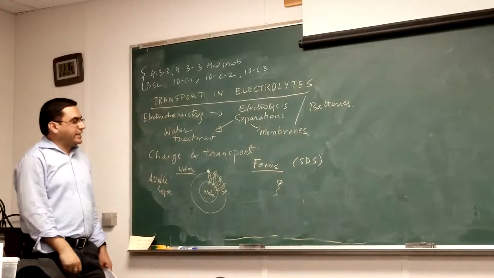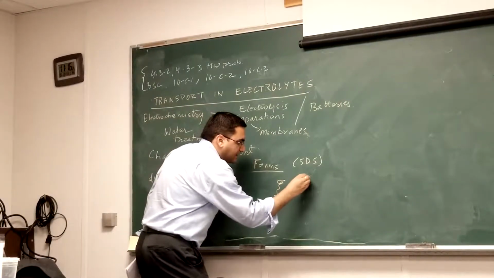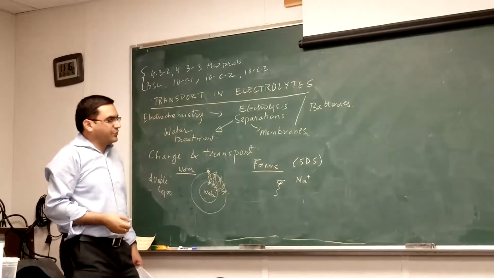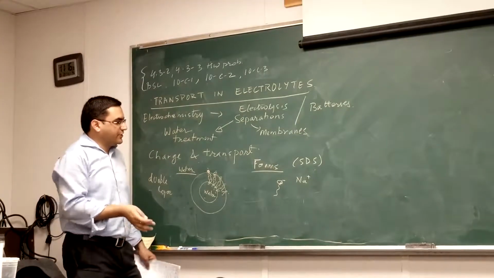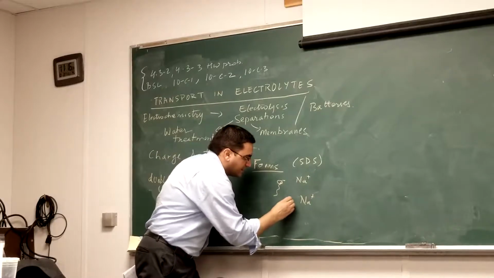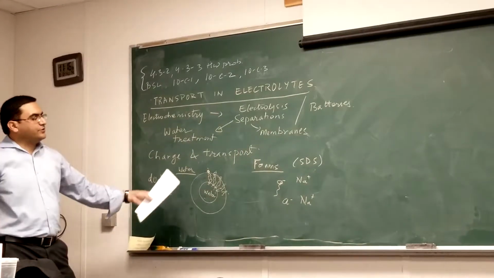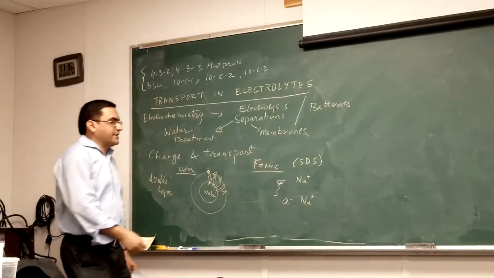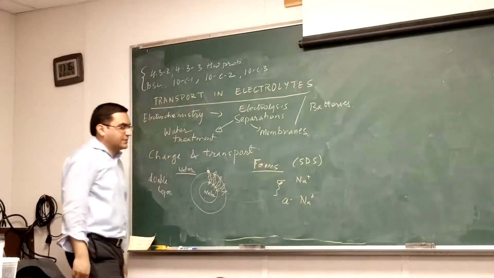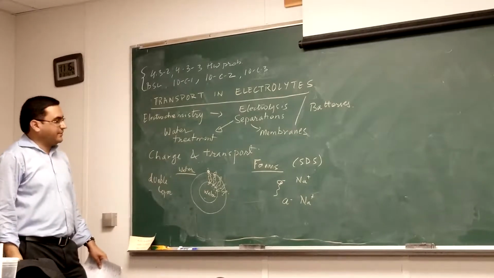When you put this into solution, just like when you put regular salt into solution, it gives you sodium ions and chloride ions, they are able to maximize their entropy by spreading out. Right? So that's what they want to do. They want to maximize their number of states by being wherever they can be.